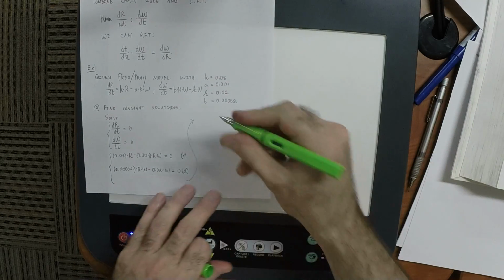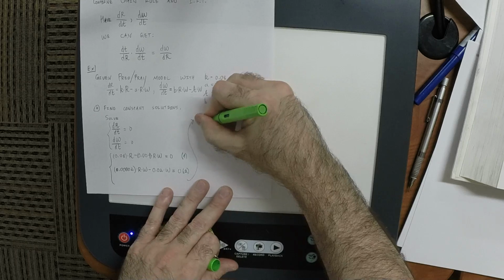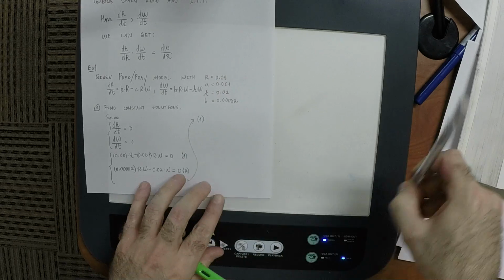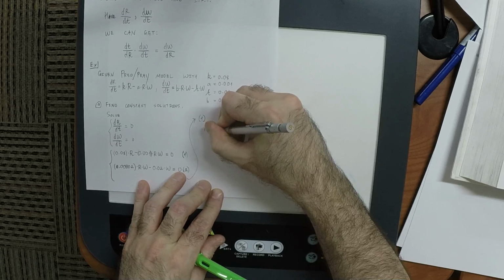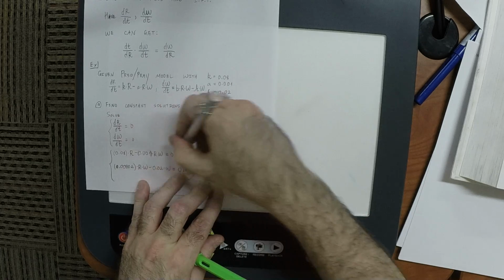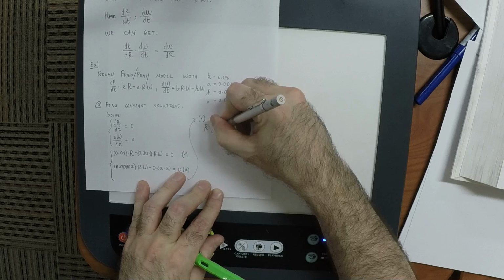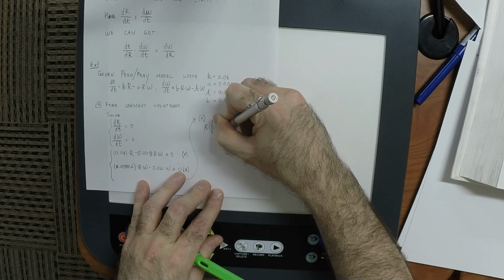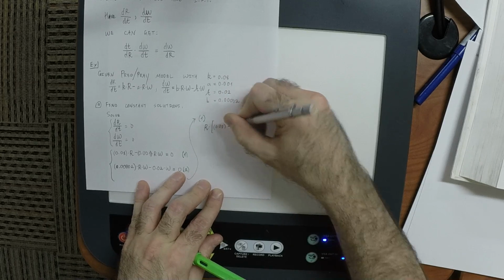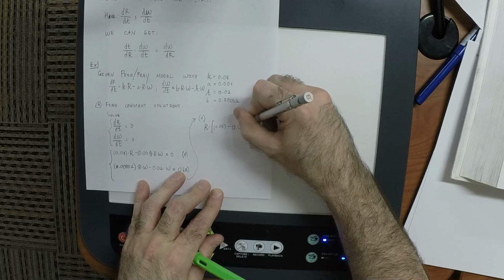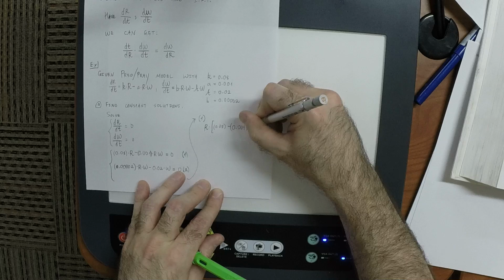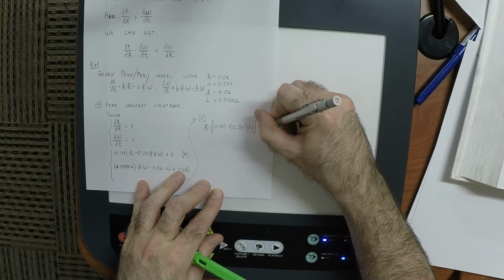So from equation 1, just working on it for a moment, we could factor out an R and obtain R multiplied by 0.08 minus 0.001W equal to 0.